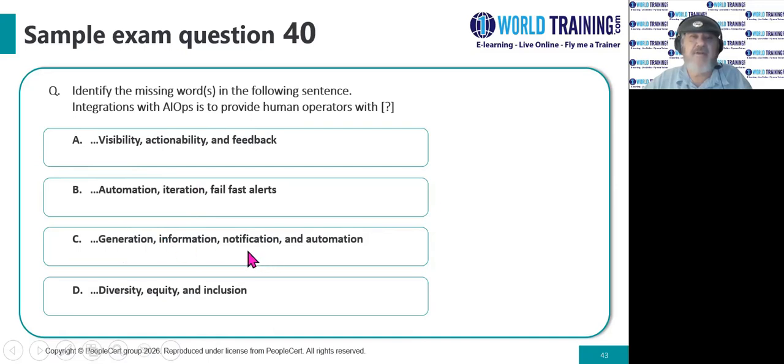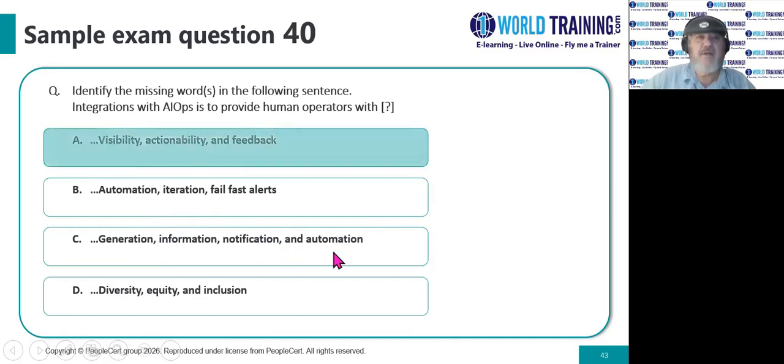Generation, information, notification, automation. Maybe. Diversity, equity, no. So between A and C, but specifically for operators, visibility, action, and feedback. Automation. Kind of like C, it's a little more complete.